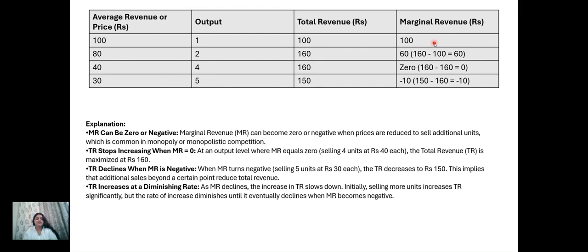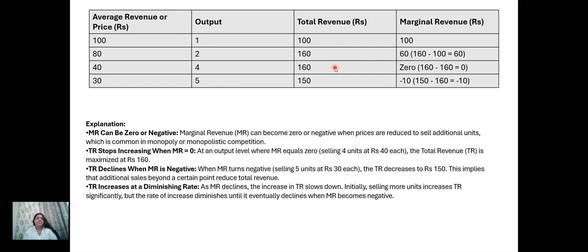The difference is in 160 and 160, when marginal revenue is 0, and minus 10, which is negative. When marginal revenue is 0 or negative, it affects total revenue. Average revenue always declines when marginal revenue declines. There is a basic relationship between marginal revenue and average revenue, and we have to see how marginal revenue affects total revenue.